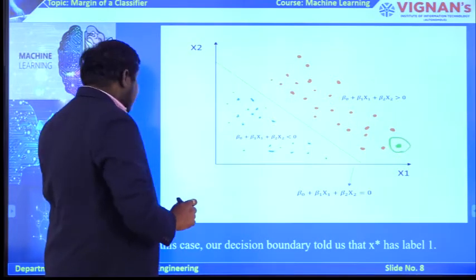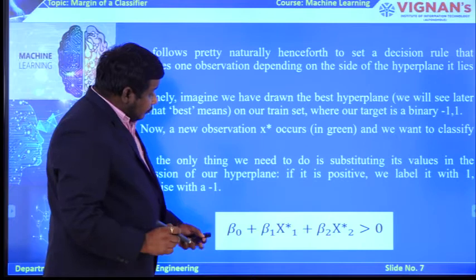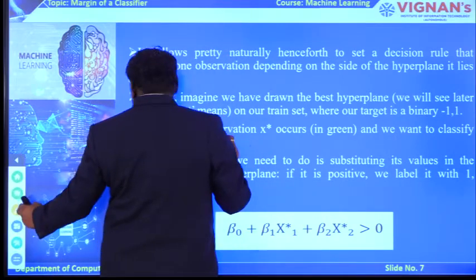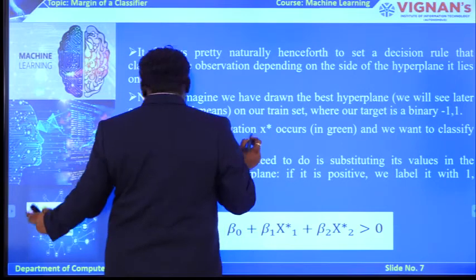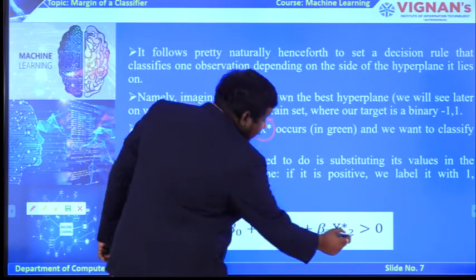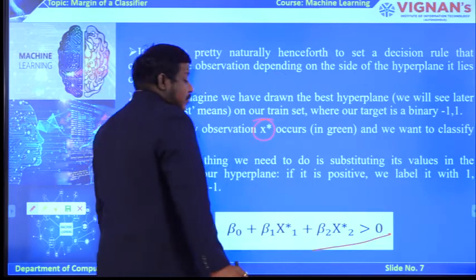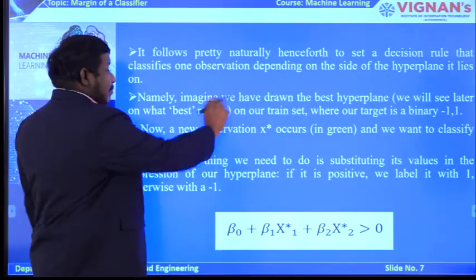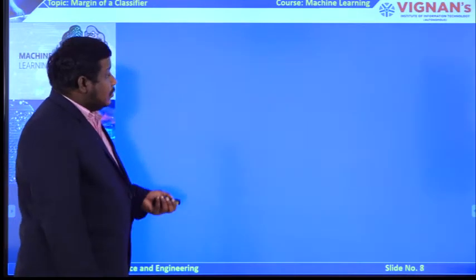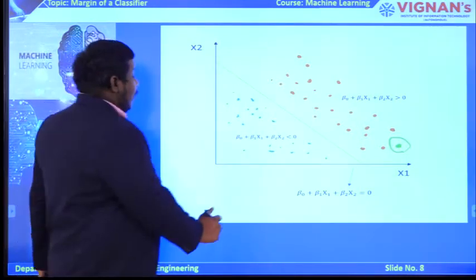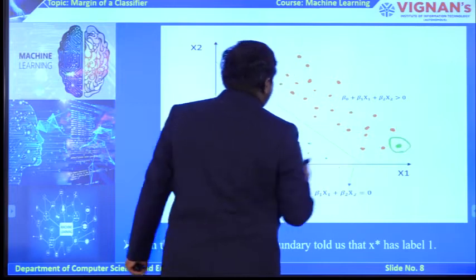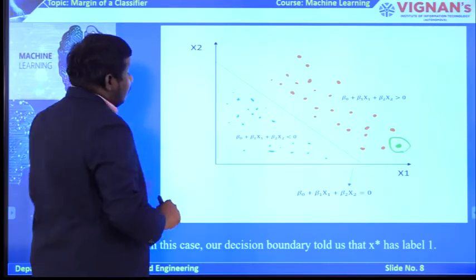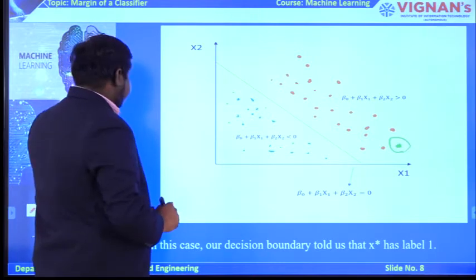Because after substituting the x star value in the equation, we get a value greater than 0, and greater than 0 obviously means the +1 class. So we represent our new variable on the positive side, the upper side of the hyperplane.